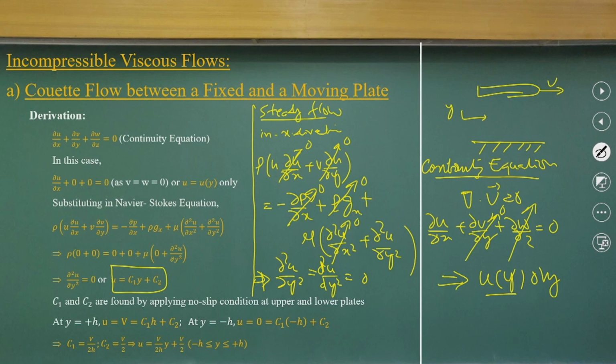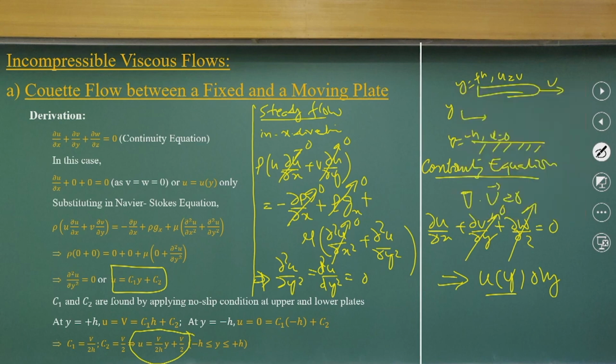As you know, when y equals minus h, the velocity u is 0, and at y equals plus h, the velocity u is V. If you substitute these conditions, you will get the velocity field.